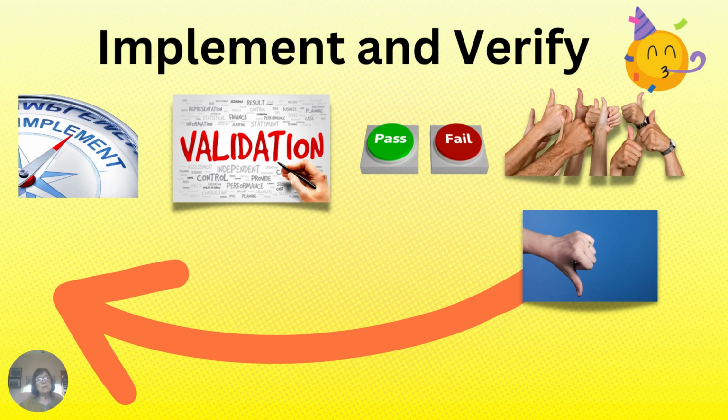And then once the implementation is done, you have to have ways to verify that what you implemented is actually improving the process or solving the problem that you initially were trying to solve. Now, during this part, you may find that something was missed.